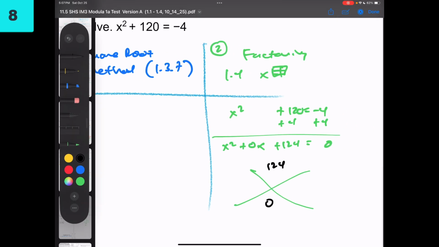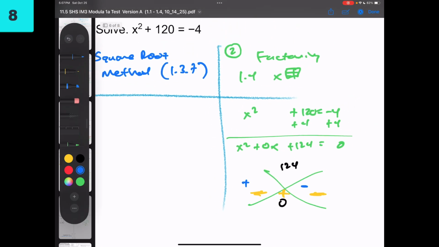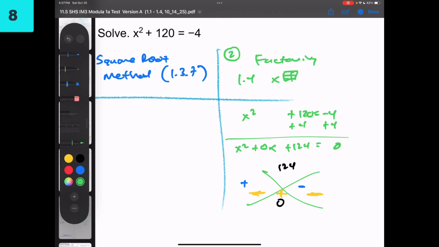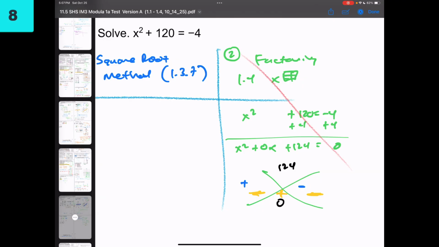Well, there are no two numbers that will add to be 0, because one of them has to be positive, one has to be negative, which means the yellow blanks have to be the same number, and 124 is not a perfect square. So basically, you cannot do it by factoring.